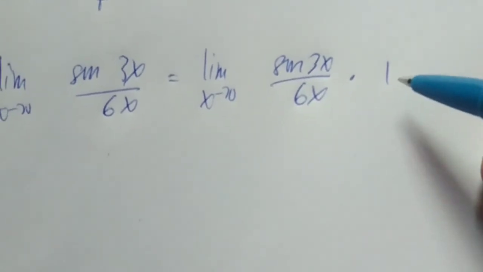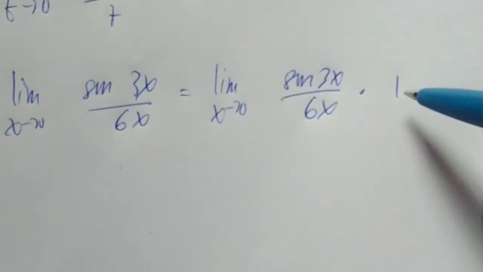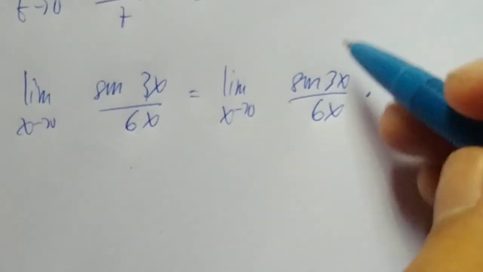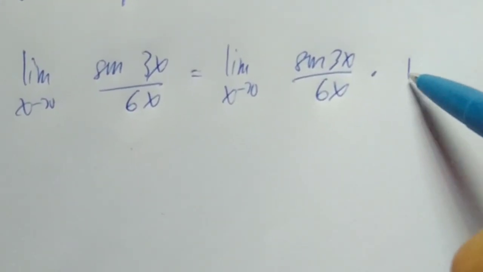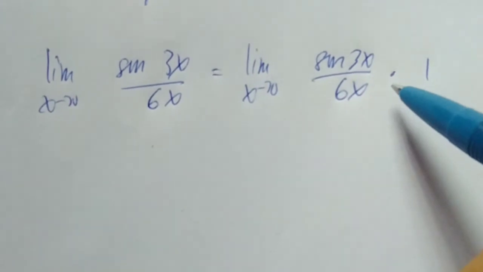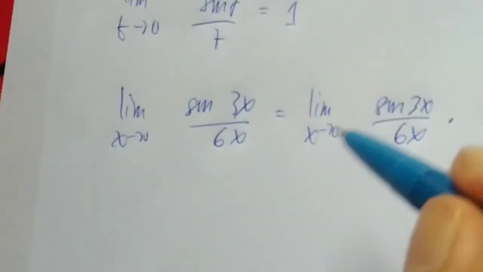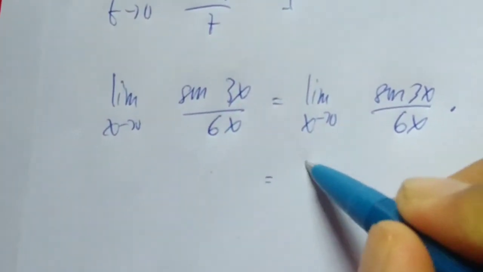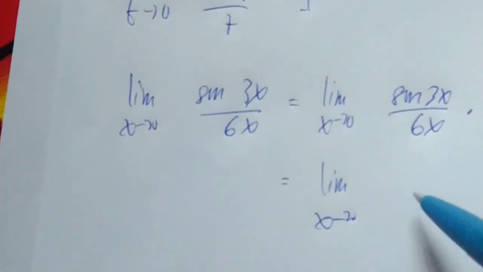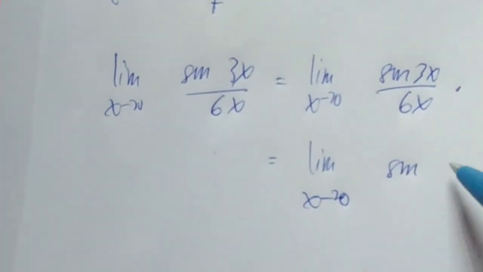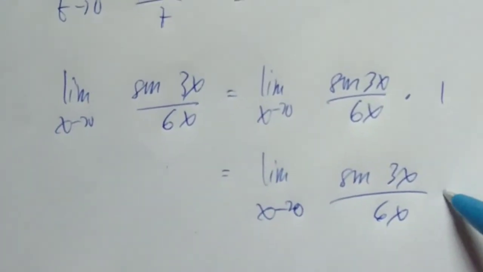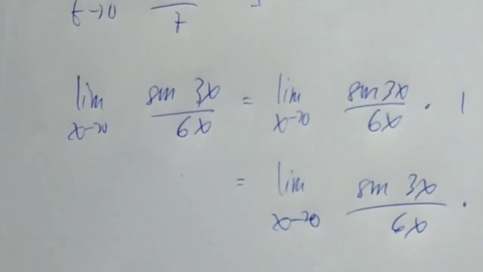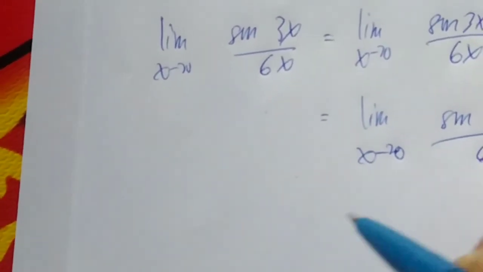The 1 on the right side does not change this equation. Then we can write limit x to 0 of sin 3x per 6x times 3 per 3.